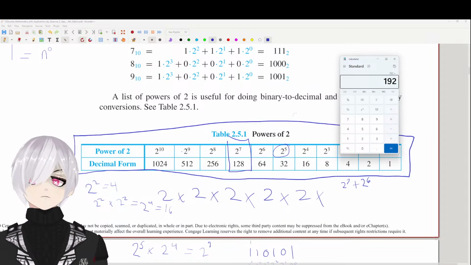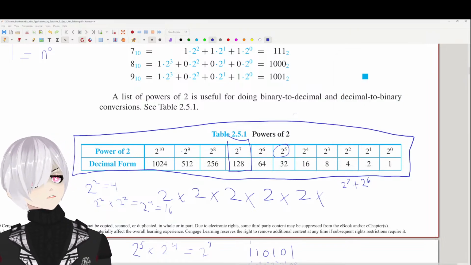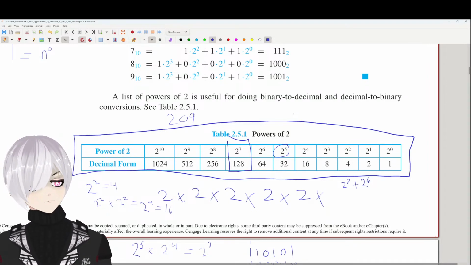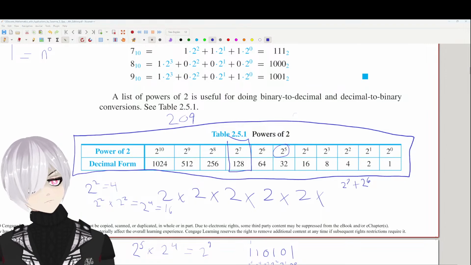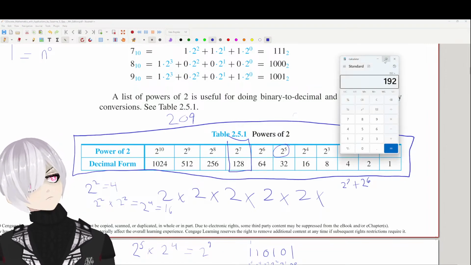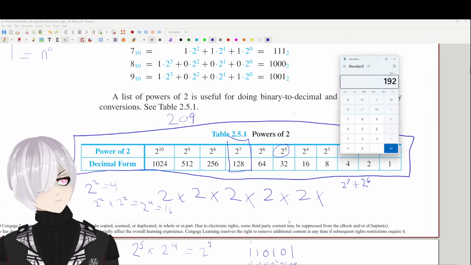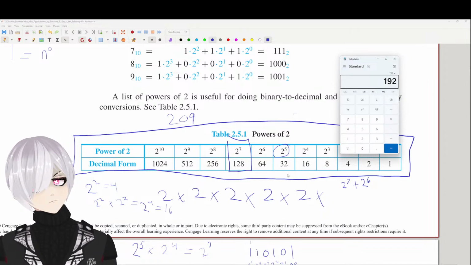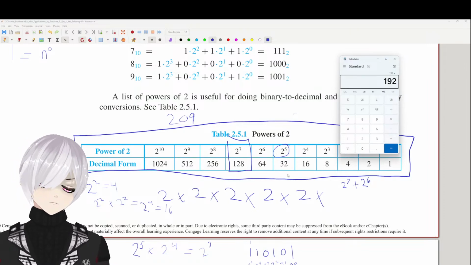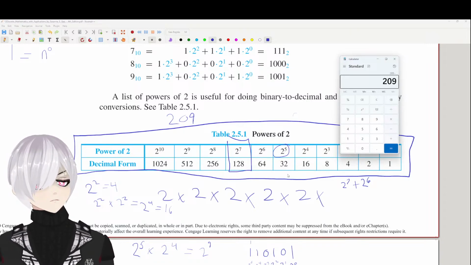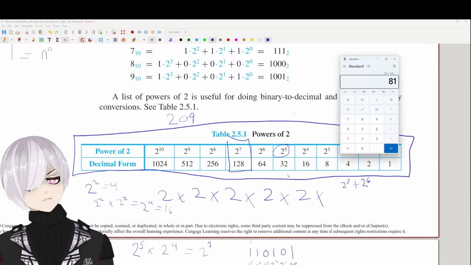So what were we doing? 209. We know that 128 is the biggest power of 2 that's less than or equal to 209, so we've done that part. Now we subtract 128 from 209 and see what we have left, and then we add the biggest power of 2 that's less than or equal to what we have left. 209 minus 128 is 81.